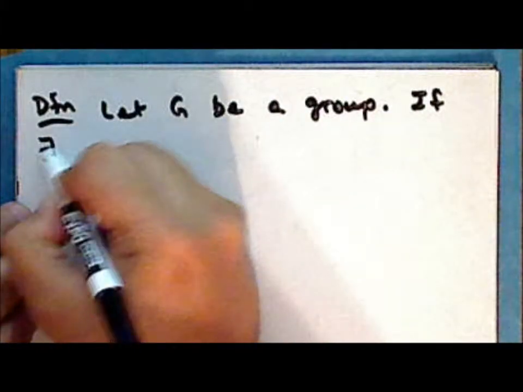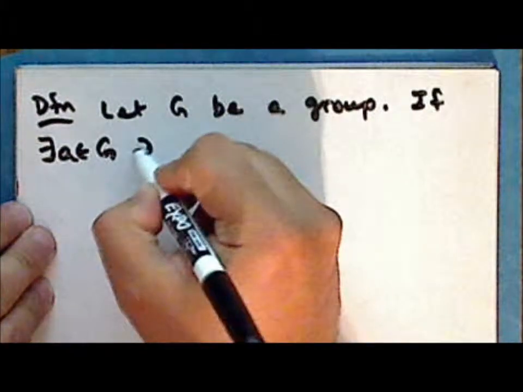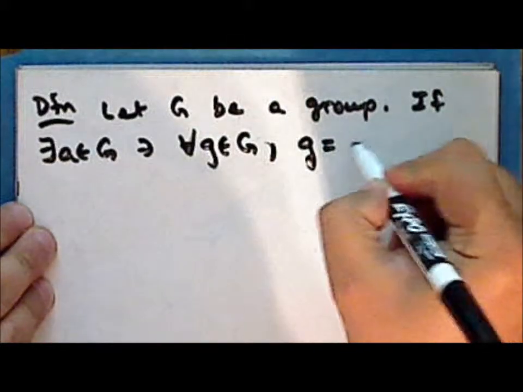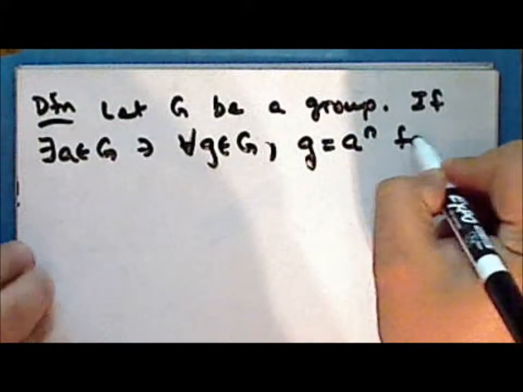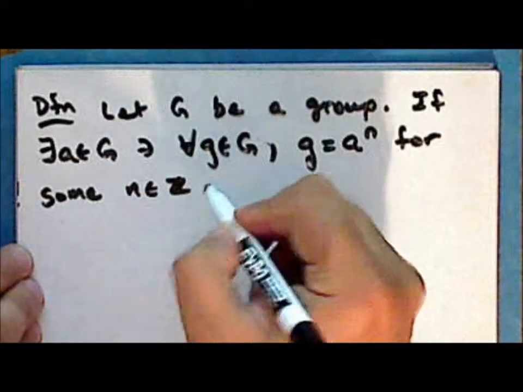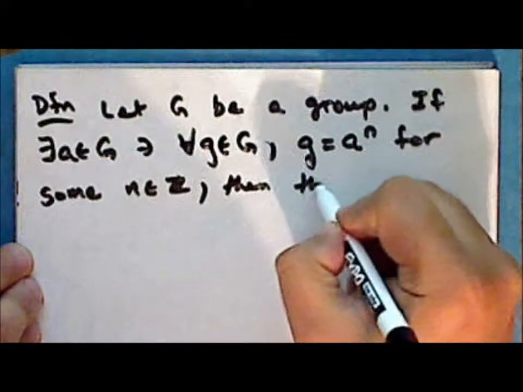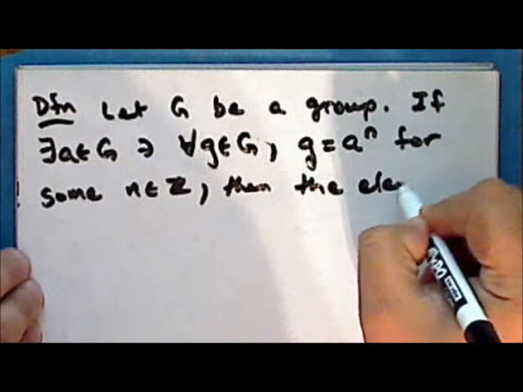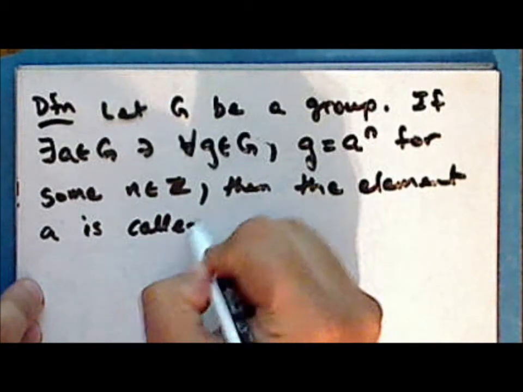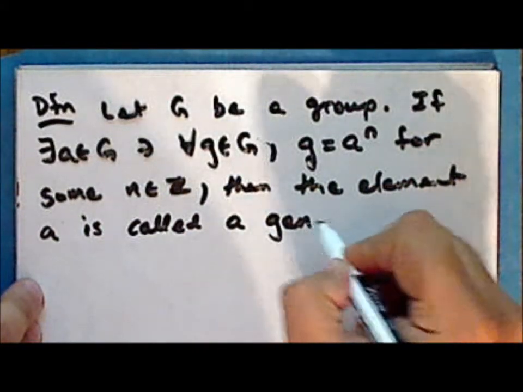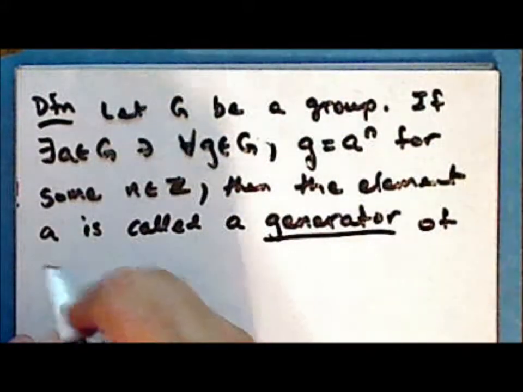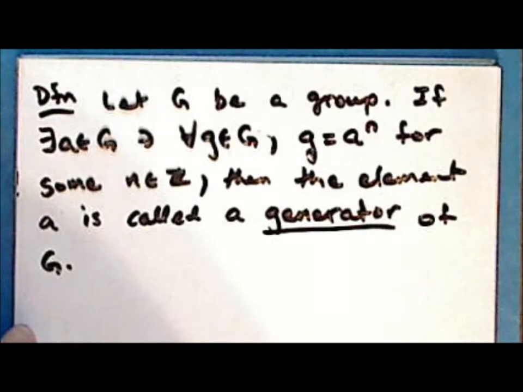If there exists an element A in the group such that for every element in the group, that element is equal to A to the power of n for some integer n, then the element A is called a generator of the group, or we say that A generates the group.